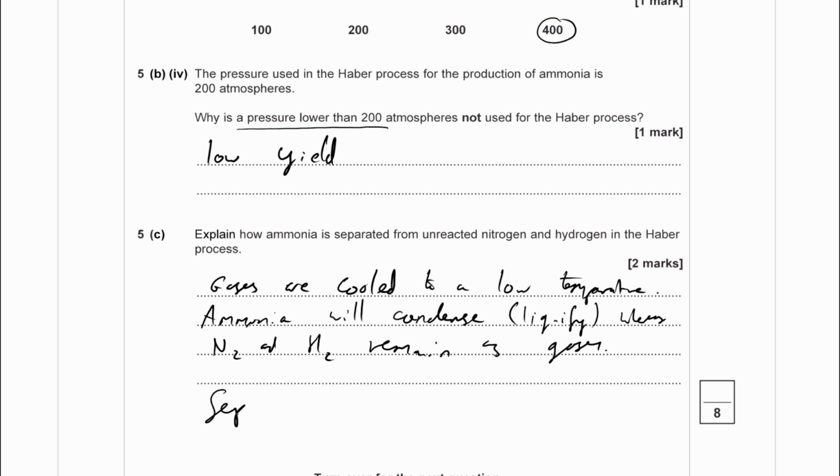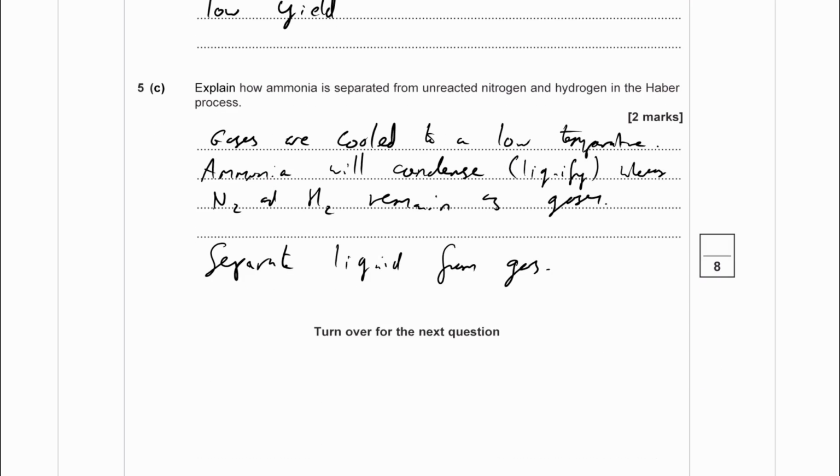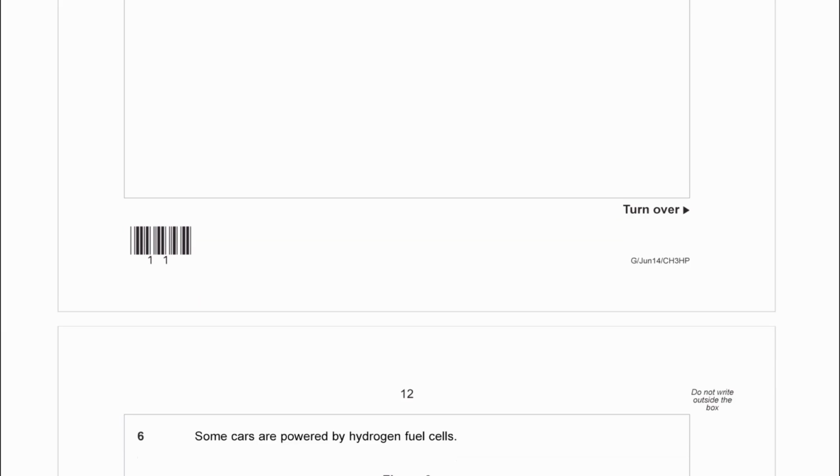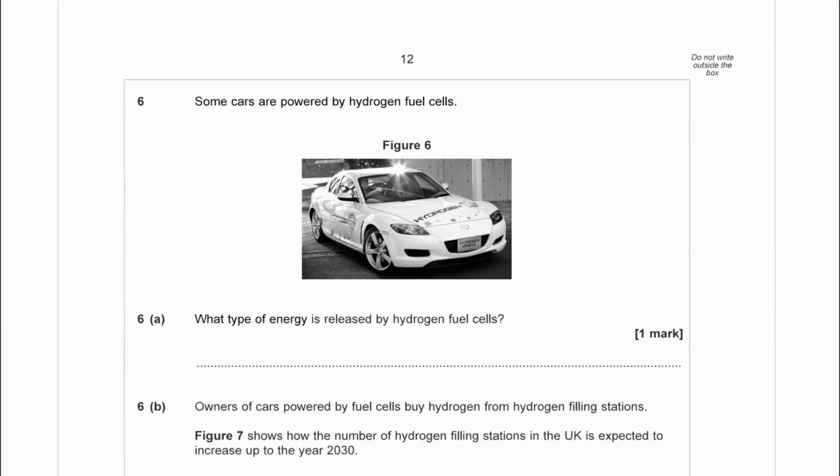So we separate the liquid from gas. Pretty simple. Basically, nitrogen and hydrogen have a lower boiling point than ammonia does, and so we can turn ammonia to a liquid where nitrogen and hydrogen are still gases. And that does it for question 5.